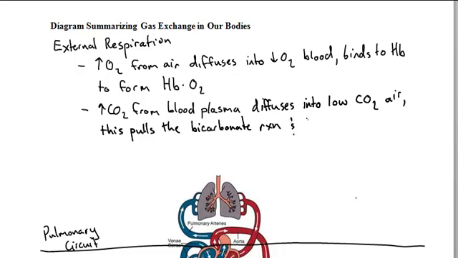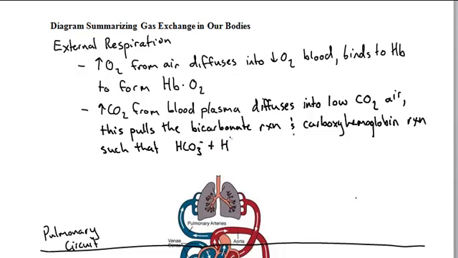and carboxyhemoglobin reaction such that HCO3 minus combines with the excess hydrogen ions to form H2CO3 carbonic acid, which immediately breaks down into H2O plus CO2, free carbon dioxide in the blood, which will then diffuse out.